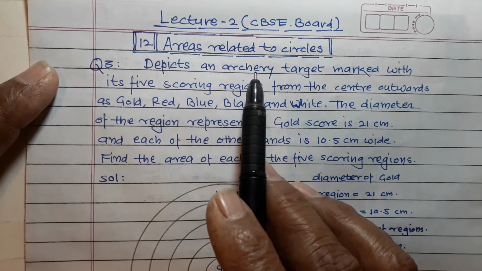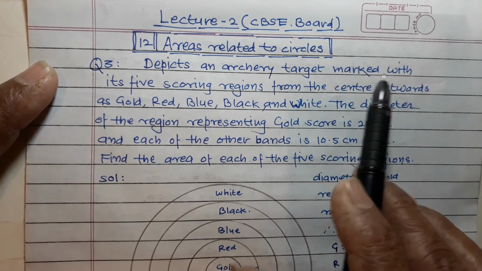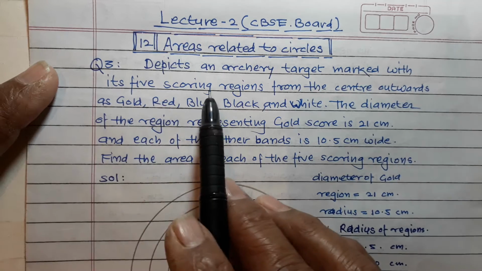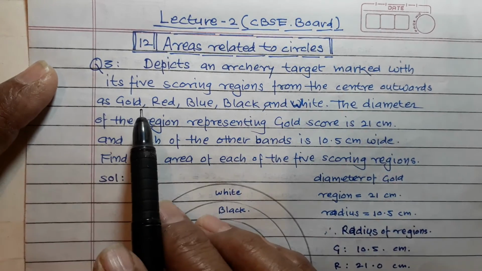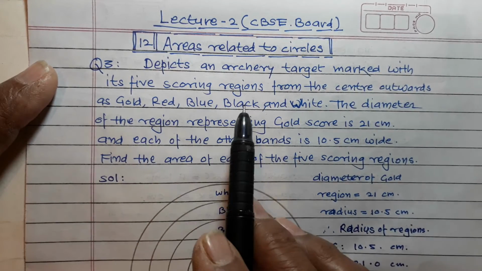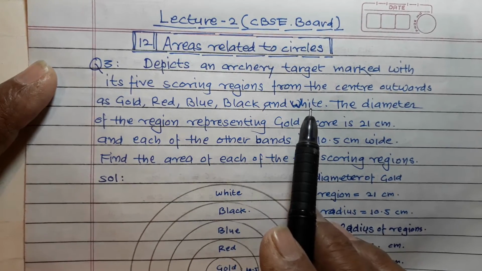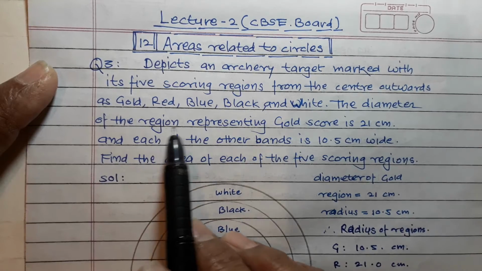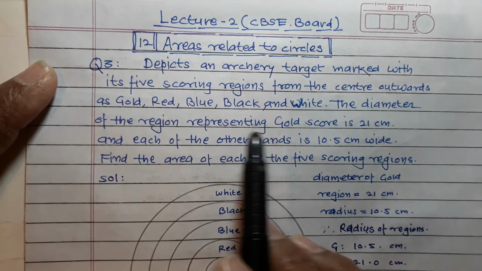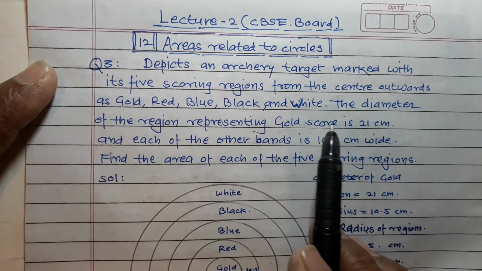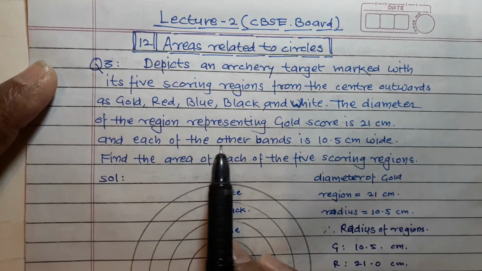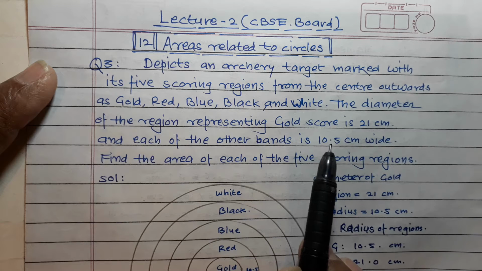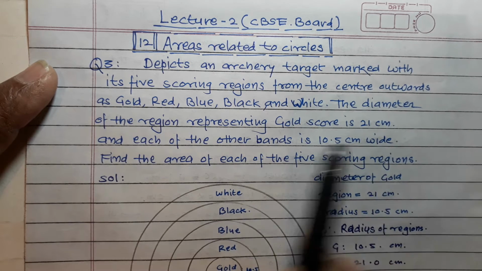The figure depicts an archery target marked with its 5 scoring regions from the center outward as gold, red, blue, black and white. The diameter of the region representing the gold score is 21 cm and each of the other bands is 10.5 cm wide.